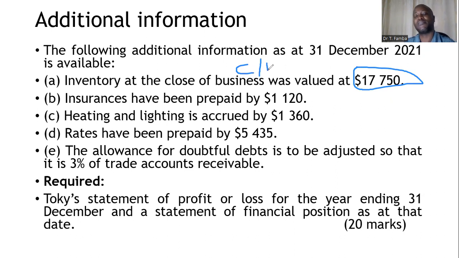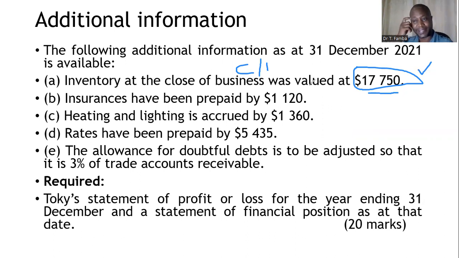This is an item that should be for both. So we can underline it because we are going to use it in the trading account, and also we are going to tick it because we are going to use it in the statement of financial position. So please take note that the amount that we require for the statement of financial position is the inventory at the end of the period.